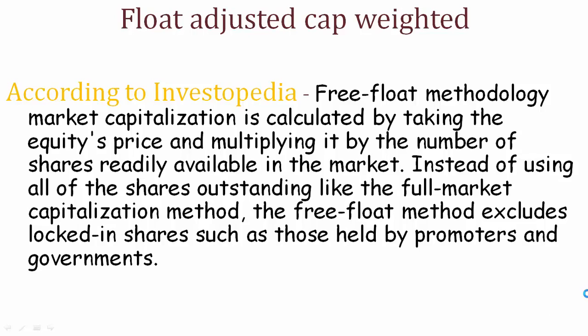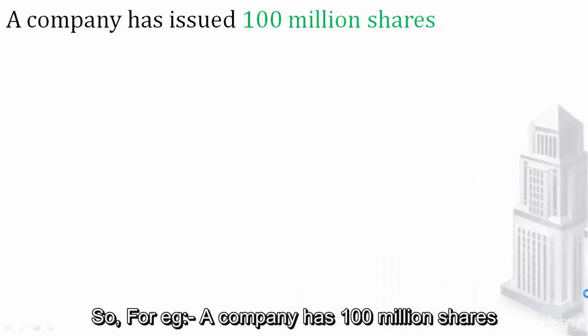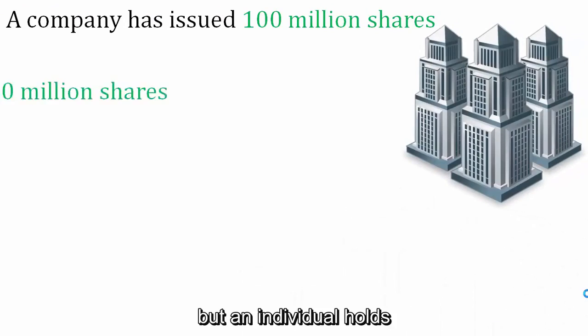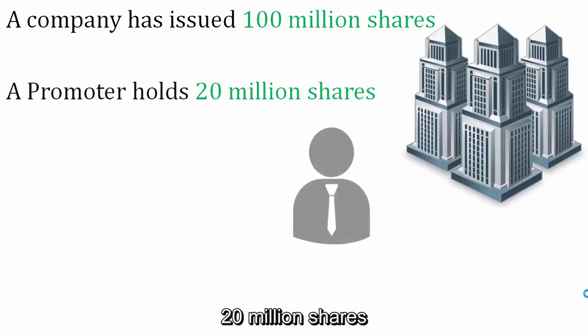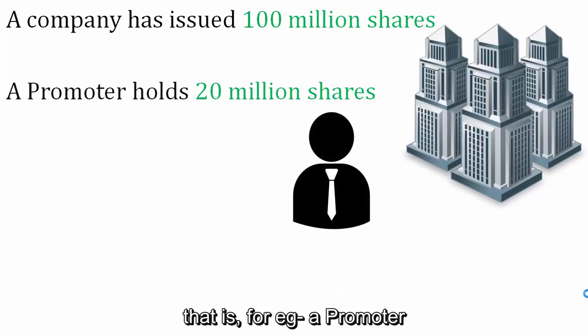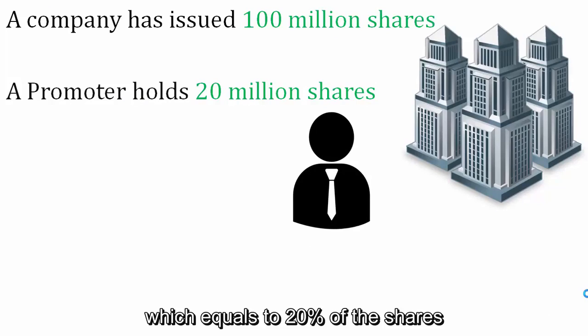For example, a company has 100 million shares but an individual holds 20 million shares. That is, for example, a promoter holds 20 million shares, which equals 20% of the shares.